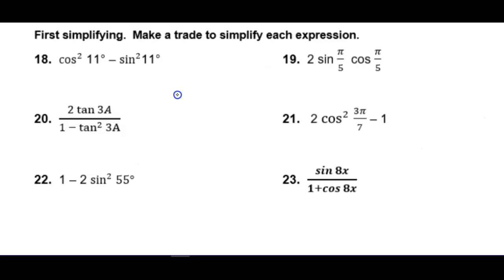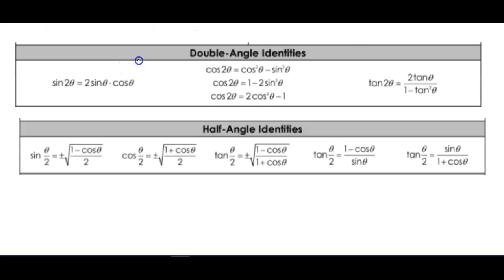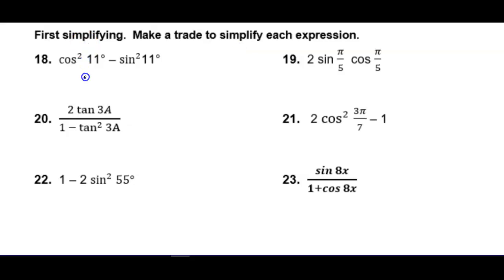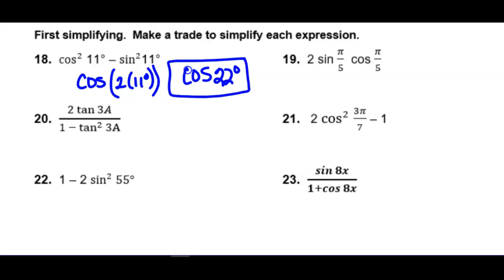We're going to use these to make some trades. So cosine squared minus sine squared. If I go back here, cosine squared minus sine squared is the cosine of 2 theta. Well, the cosine of 2 times 11 degrees would be the cosine of 22 degrees. That's it.